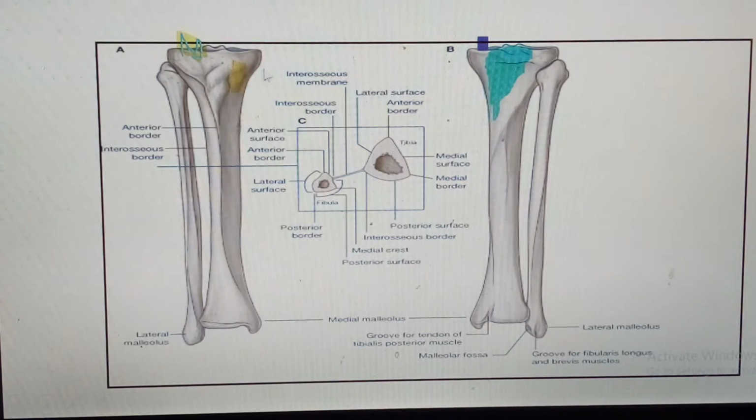But similarly, just below the medial condyle, there is another area over here, although it's not a tuberosity. Now, this area, which we call the medial surface of the tibia, is actually subcutaneous.